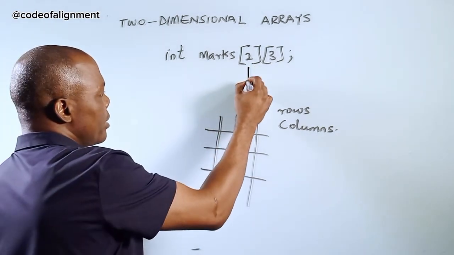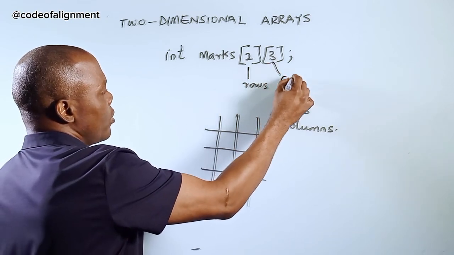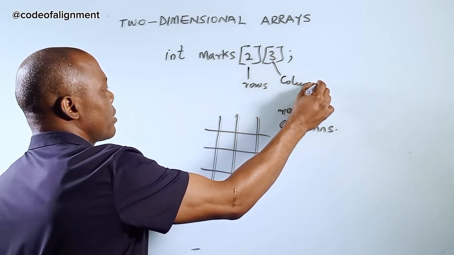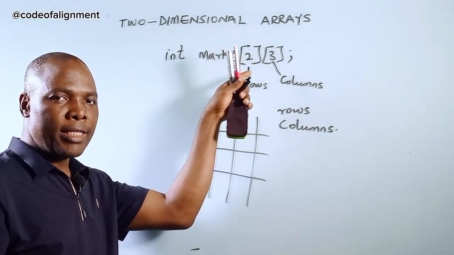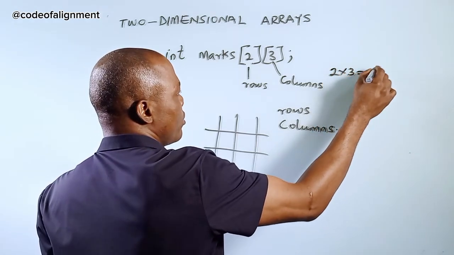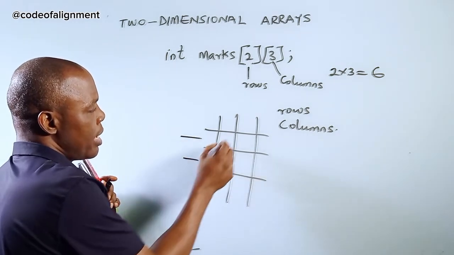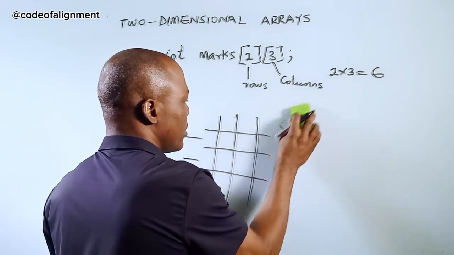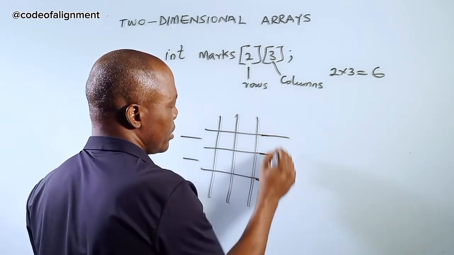This one is representing rows, while this is representing columns, right? If you ask me how many elements will be inside this array, that will be what? 2 times 3 equals 6. Now, we are having 2 rows and 3 columns.